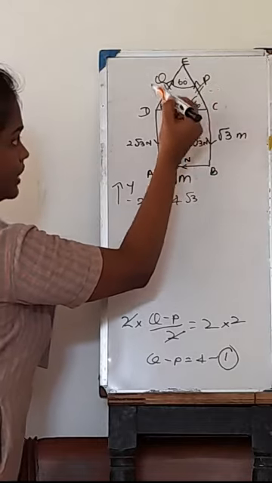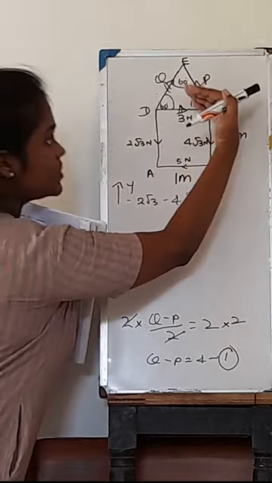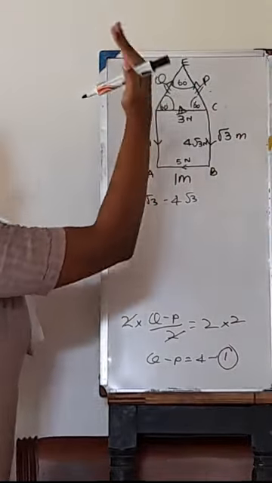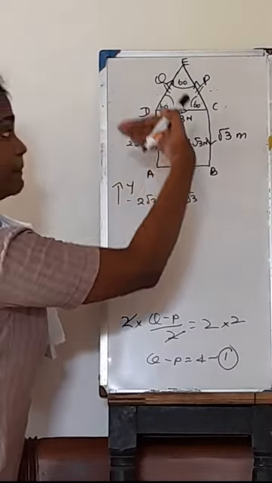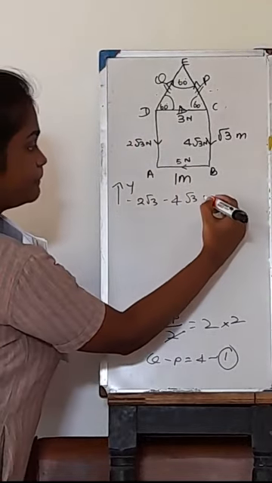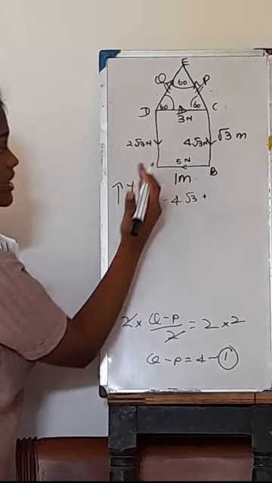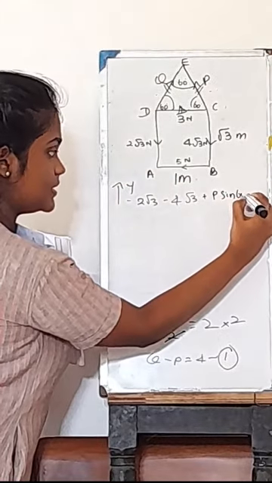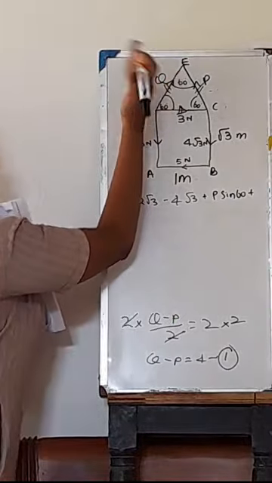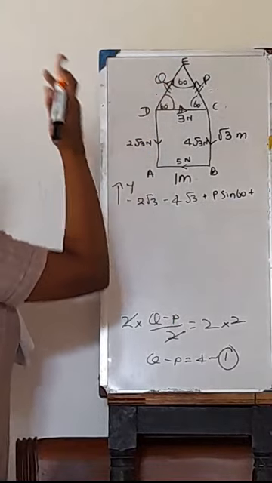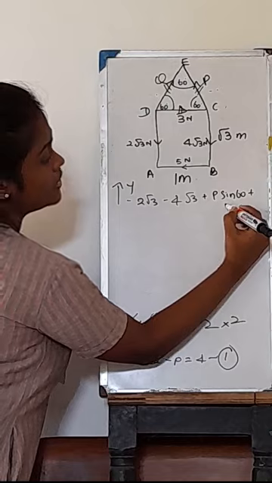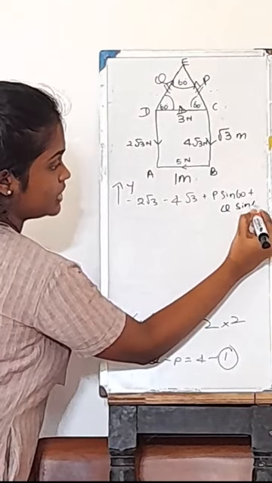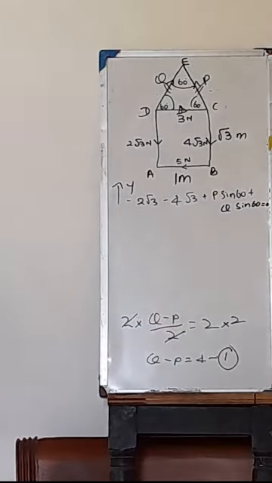Then we can take P and Q. We have to resolve P away from the angle. So it's P sine 60. And it should be plus because it acted on the same direction. So it's P sine 60 plus Q. When you resolve away from the angle, it's Q sine 60. So it's Q sine 60 we write equals 0.